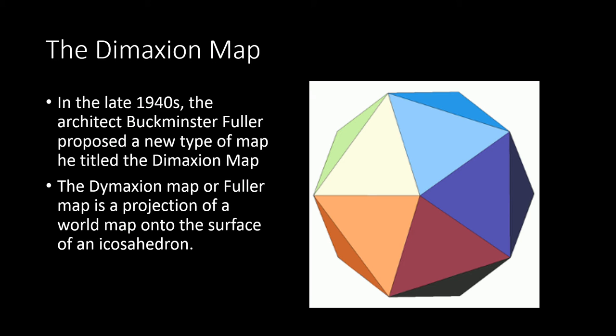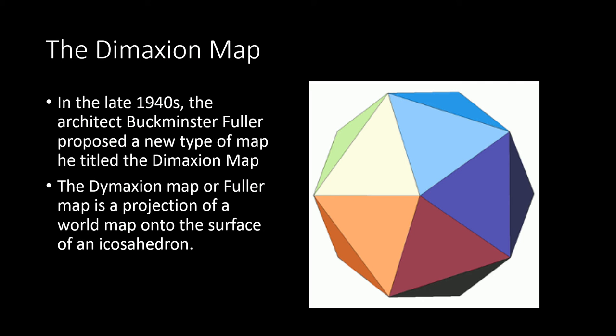So he tried to figure out how he could create a map where you could get a clearer picture of what's really going on, how big things are and how far apart they might be. And what he did is he came up with the idea of projecting the world's surface onto a thing called an icosahedron.